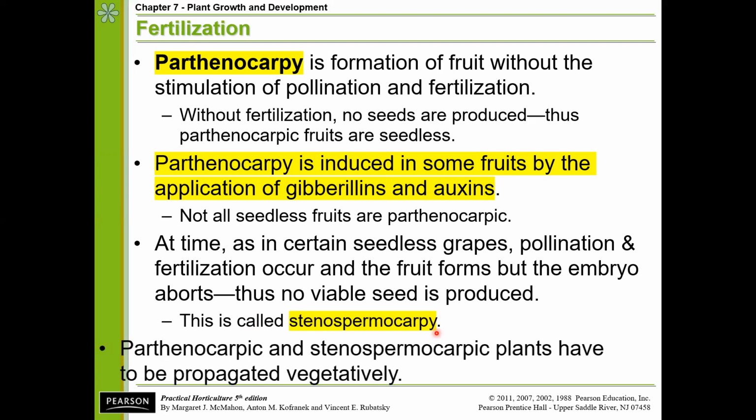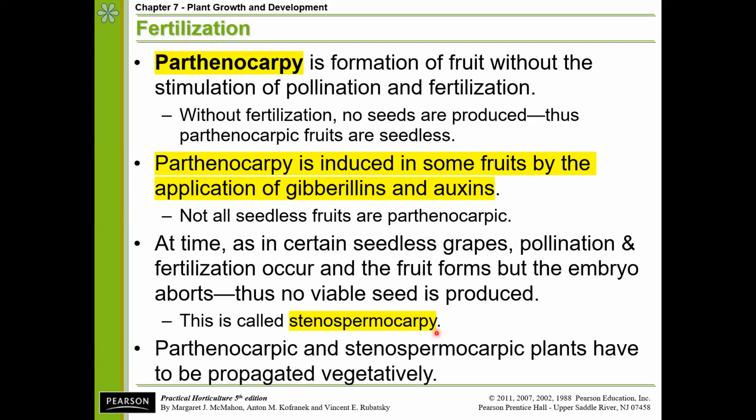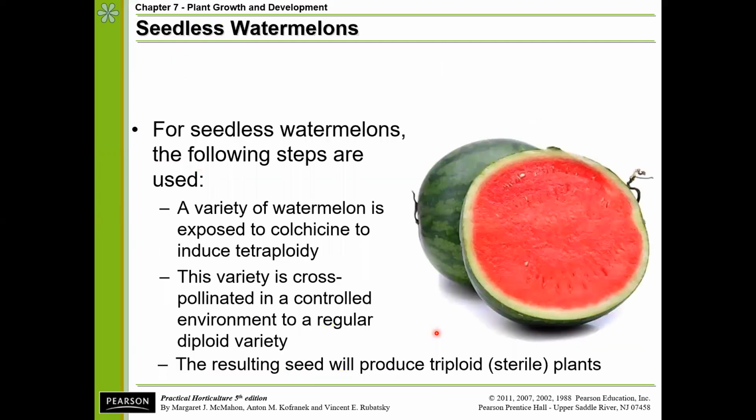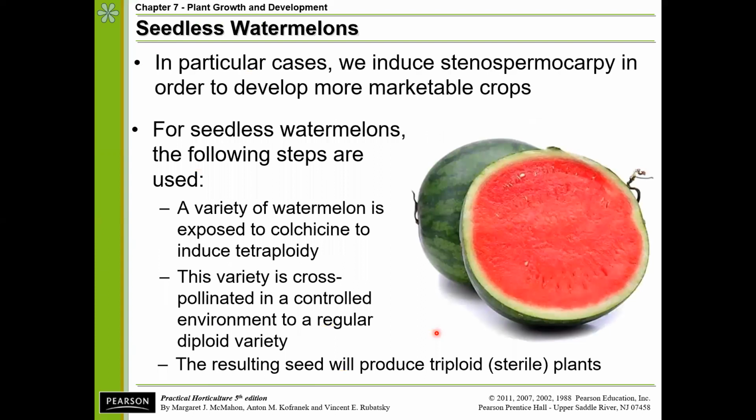Both of these plants have to have some sort of vegetative propagation in order to keep them going. In some cases, we will actually go in there and induce some type of parthenocarpy or stenospermocarpy in order to develop a more marketable crop, like with seedless watermelons.